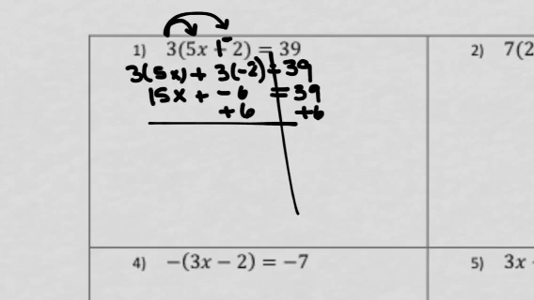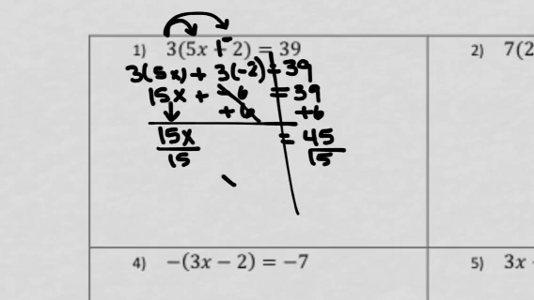So that gives me 15x that drops down there. These cancel, and now I have 45 there. Divide both sides by 15, and that leaves me with 1x equaling 3. That's my answer.